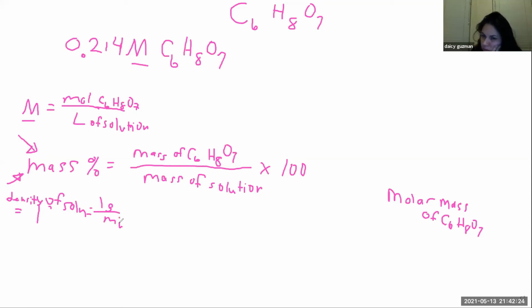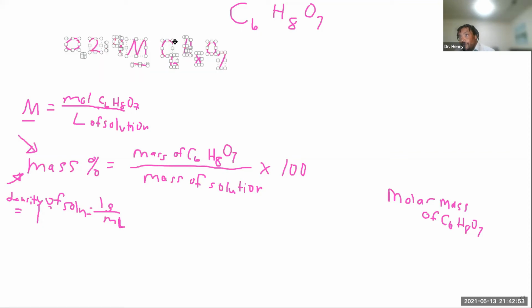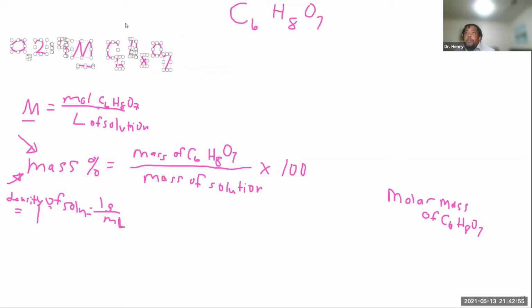Because remember, this is milliliters. This is a volume, right? Not moles. So we have to make it liters, and it's milliliters for 1 gram of solution. So my goal is to get to here from here, starting from here. Let me help you out a little bit.